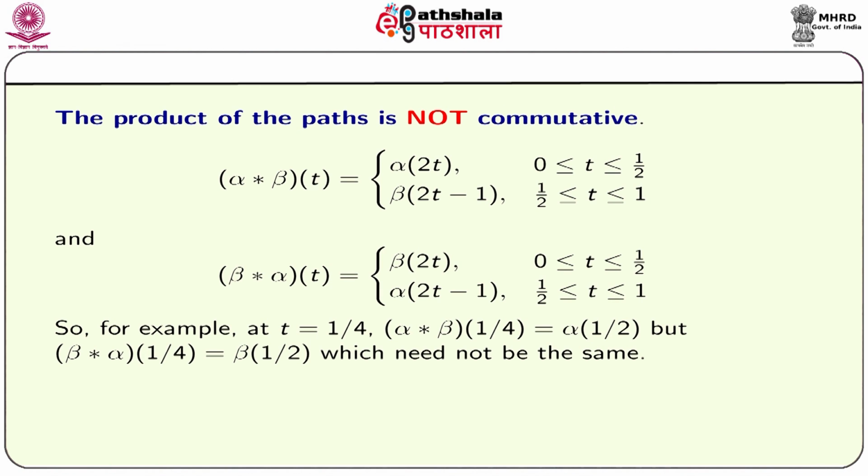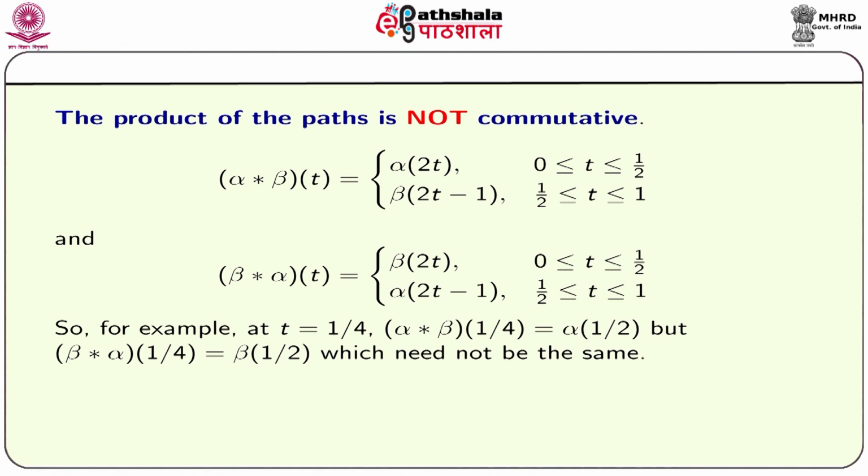So, we look at what is alpha star beta and beta star alpha, and then we can easily see that they are not in general the same. The product of paths is not commutative, because if I take t equal to 1/4, (alpha star beta)(1/4) is equal to alpha(1/2), and if I take t equal to 1/4 in beta star alpha, then (beta star alpha)(1/4) is equal to beta(1/2).